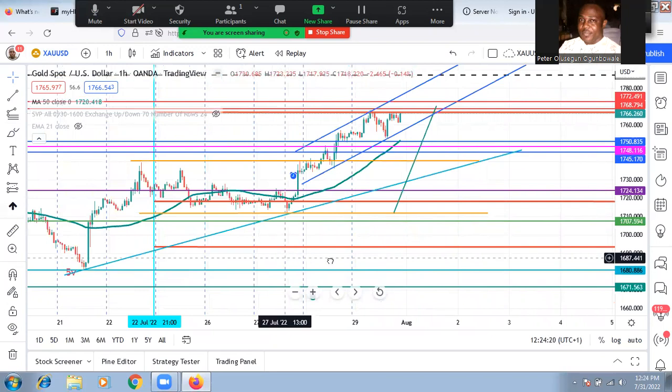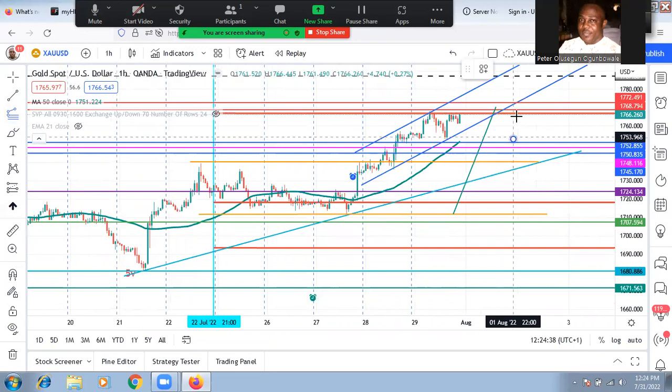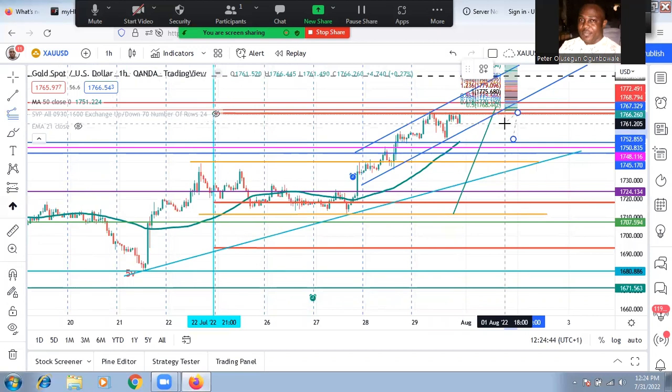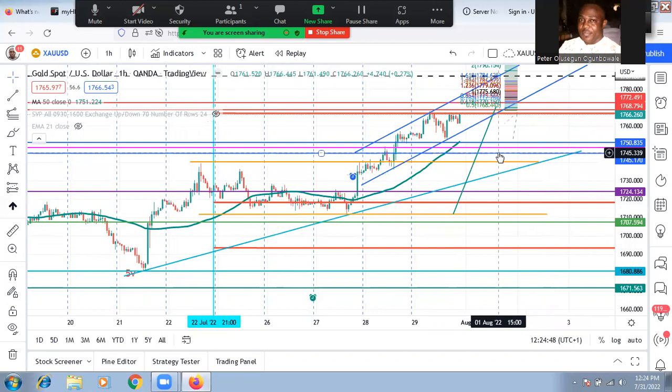Looking at here, if this one came down like a three-wave, a 1, a 2, and a 3, and this one going up as a three-wave, let's see where it will get to as a three-wave, back to this point. This is the area I will expect the price to come to.